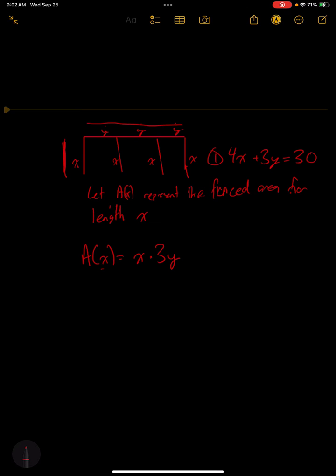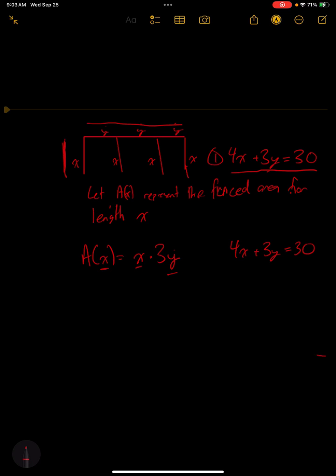Now, I need it in terms of x, but I have a y here. But luckily, I have this here too. I can write y in terms of x, so I can isolate for y. Why do I do that? Because I only want one variable.